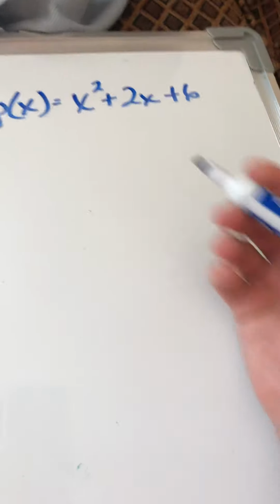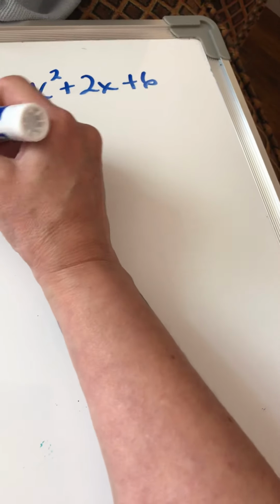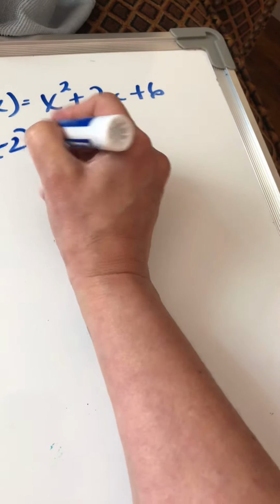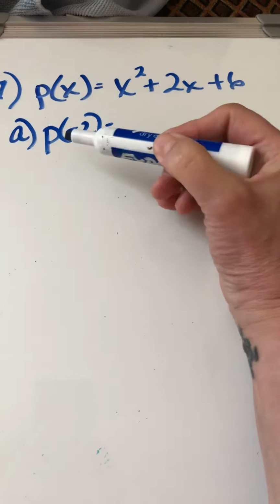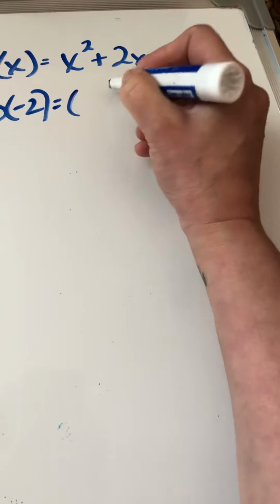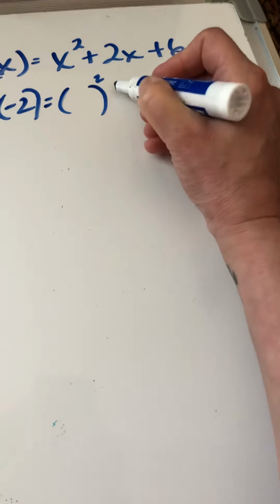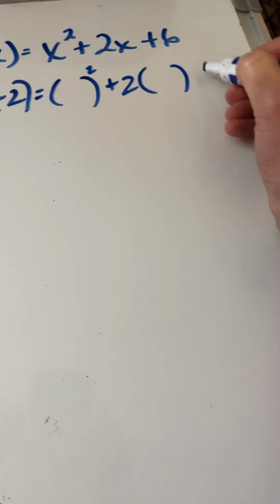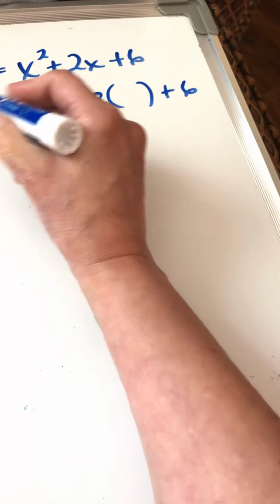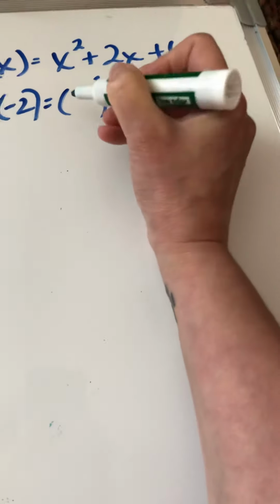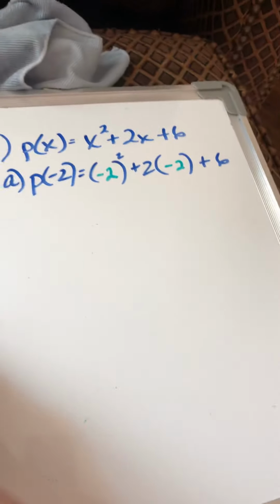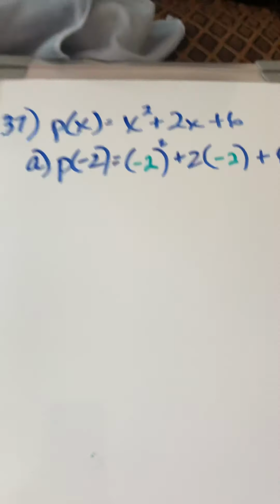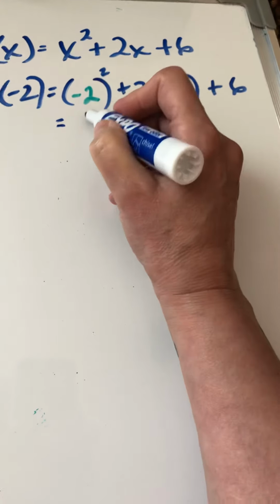It says to evaluate p at negative 2. So A, we have p at negative 2. So that means that everywhere where we have x, we can plug in a negative 2. So let's make a little x bucket here, another x bucket, and I'm going to plug in the value that they gave me for x and solve.